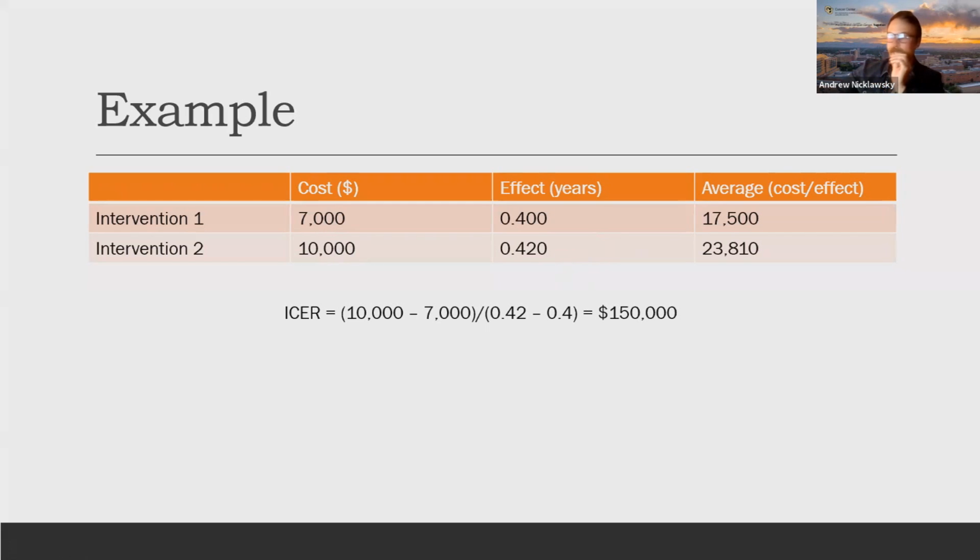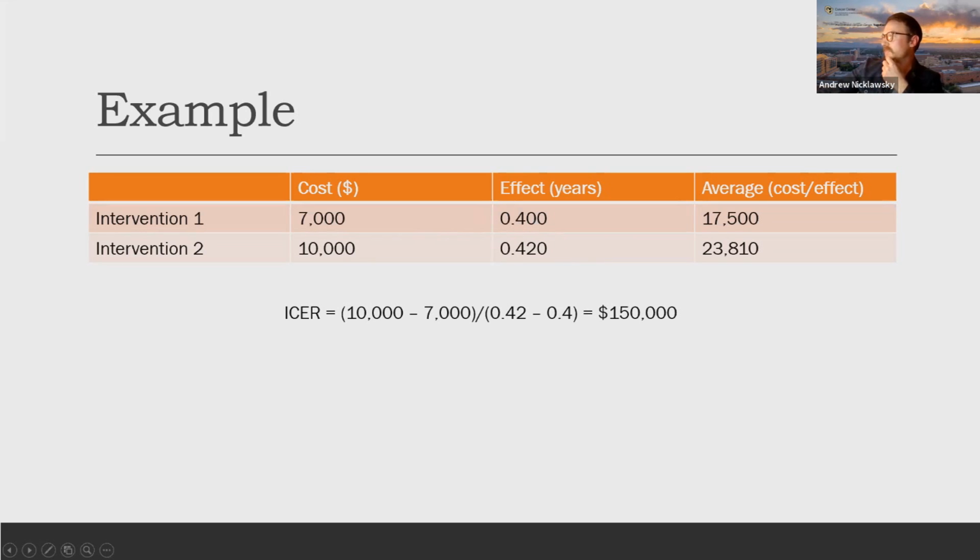So just to hammer it home, 150,000 is a lot more than 6,300. And what's the problem? Where'd that come from? Like I keep saying, the relevant decision is whether we carry out intervention 2 versus intervention 1. So we're trying to say, does this extra cost, 3,000, justify the extra benefit, 0.02 years?